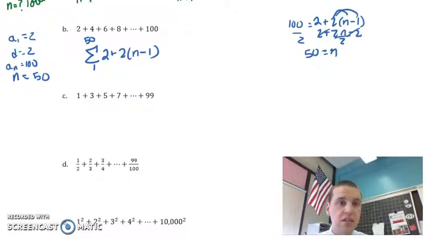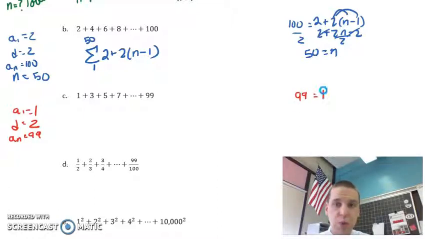C, let's look at C here. Again, we're looking at arithmetic sequences here. A1 equals 1, common difference is 2. Our last term is 99. What is N? So again, we go to the side. 99 equals 1 plus 2 parentheses N minus 1.